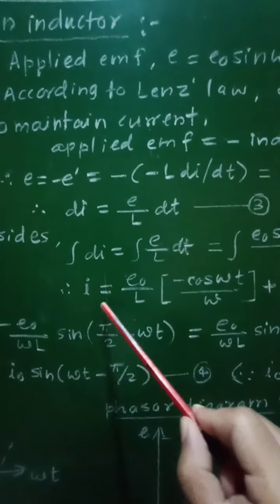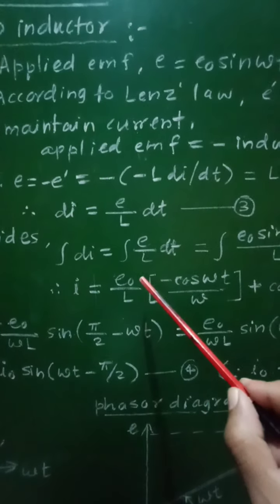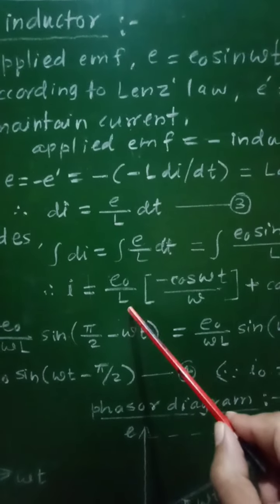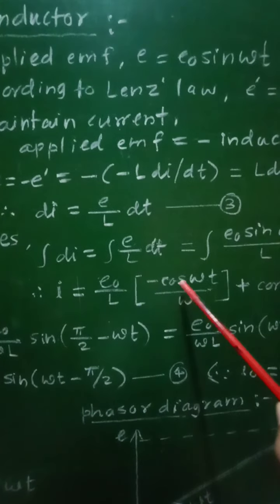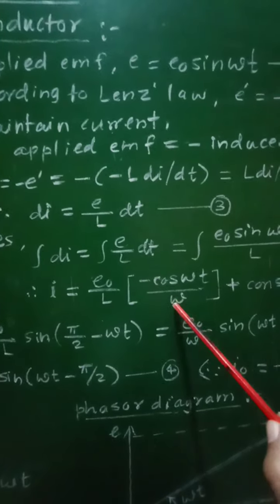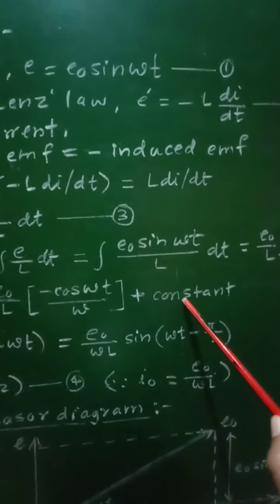Therefore the total current I will be E0 upon L into minus cos omega t upon omega plus a constant.